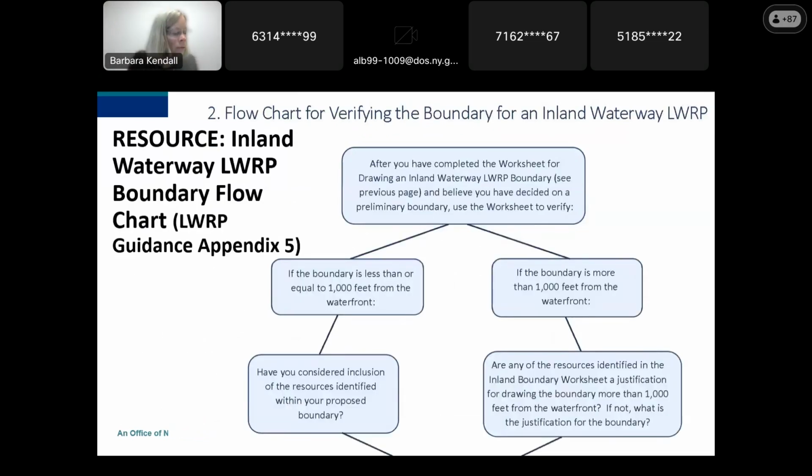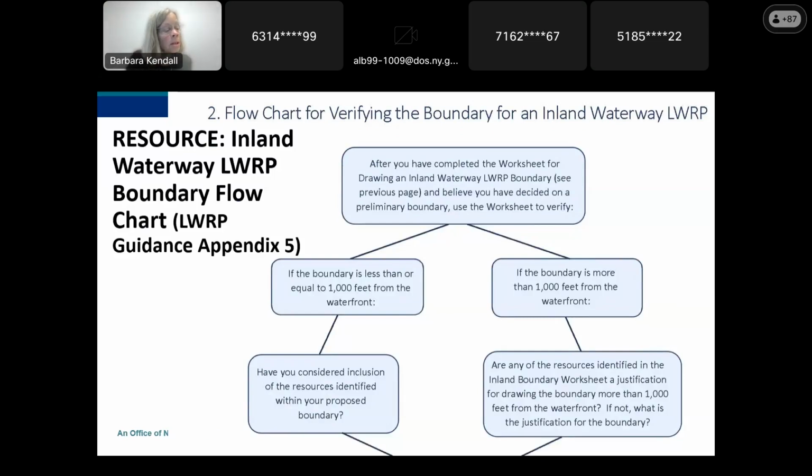Then we also have a flow chart we developed to help with the inland waterway boundary. Again, this is in our guidance, the new guidance in Appendix 5.